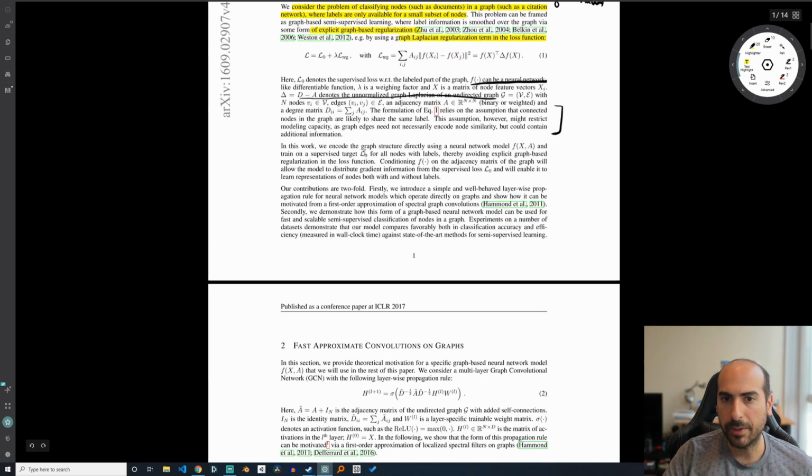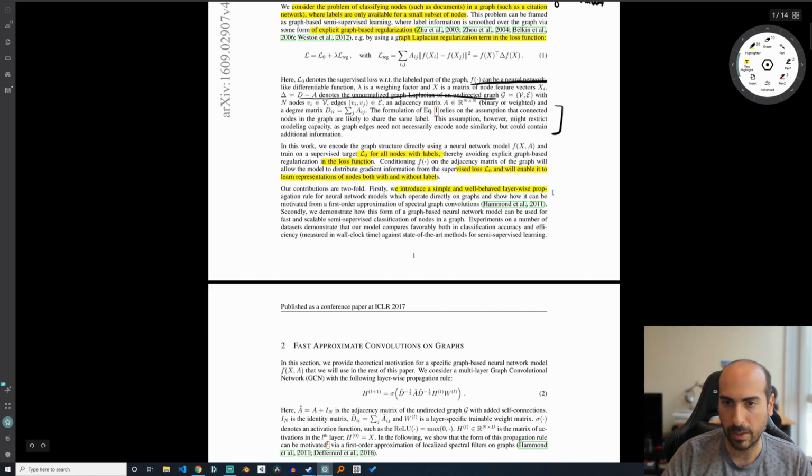So they encode the graph structure directly using a neural network and train on a supervised target L0 for all nodes with labels, thereby avoiding explicit graph-based regularization in the loss function. So conditioning f on the adjacency matrix of the graph will allow the model to distribute gradient information from the supervised loss and will enable it to learn representations of nodes both with and without labels. Their contributions are twofold.